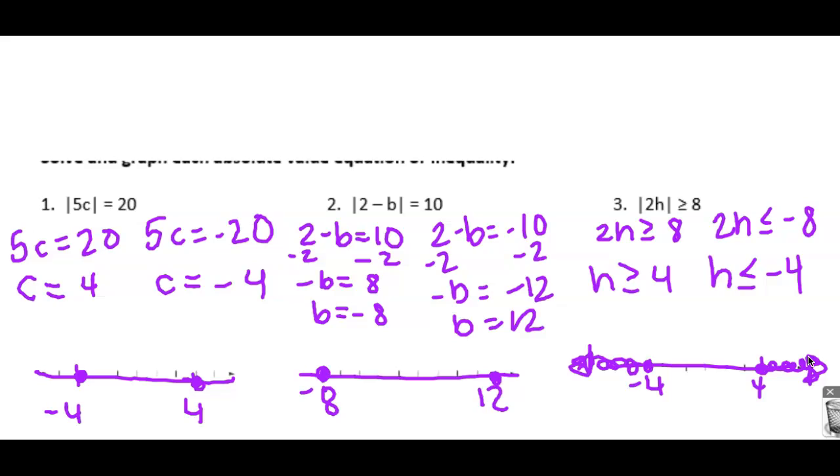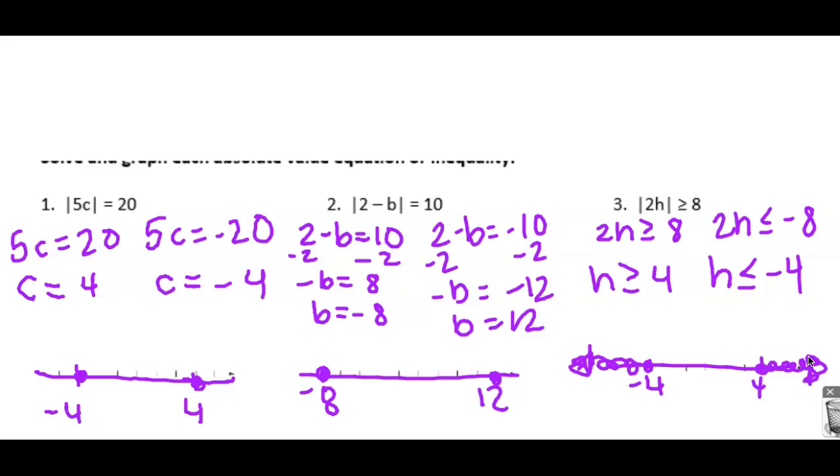So remember, h moves you left or right, k moves you up or down. What did the a represent? The slope. Excellent. So let's take all of that into account and graph some absolute value inequalities.